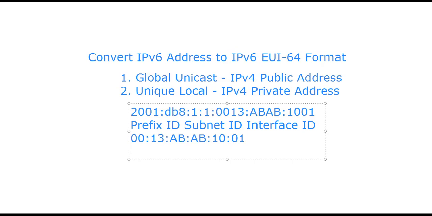So we need to convert it to EUI-64 format. First of all, we will add some hexadecimal, that is FFFE. So let's add it here, 0013. But you can do one thing here also. You can divide these 12 hex digits into two portions, so you can write it like this: 0013 AB1001.